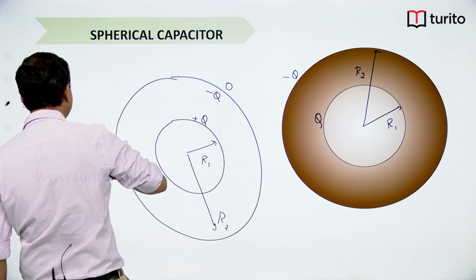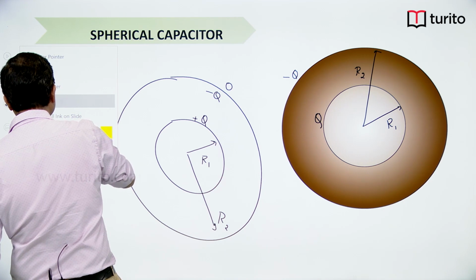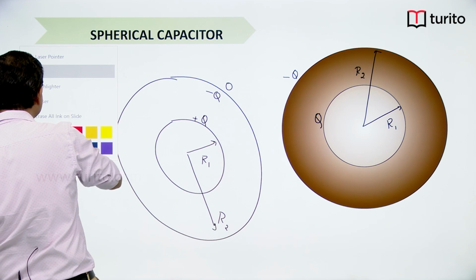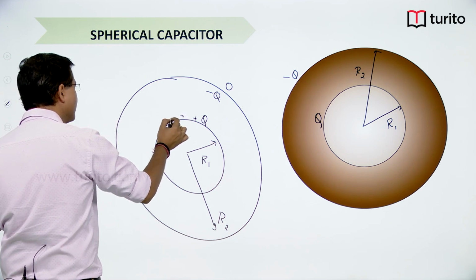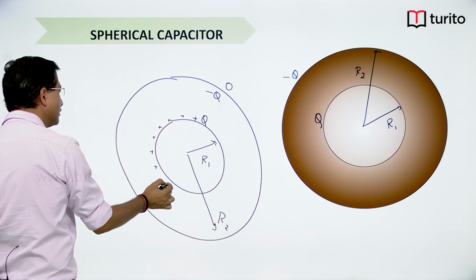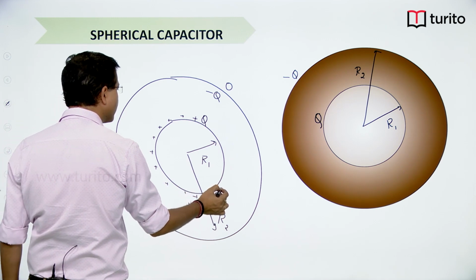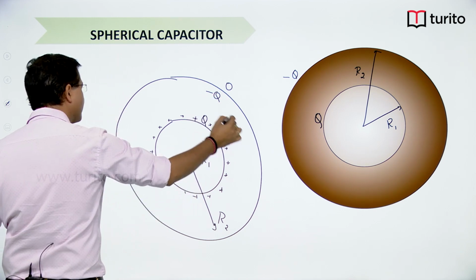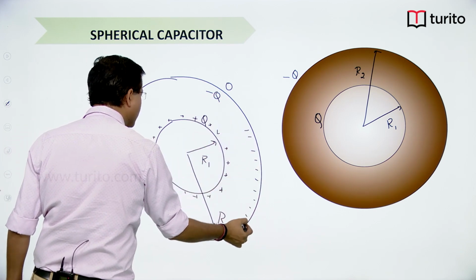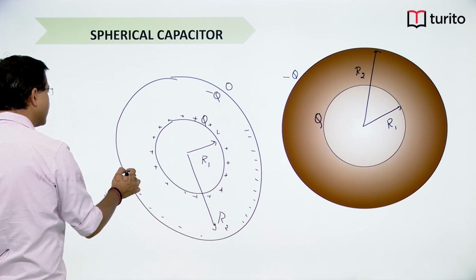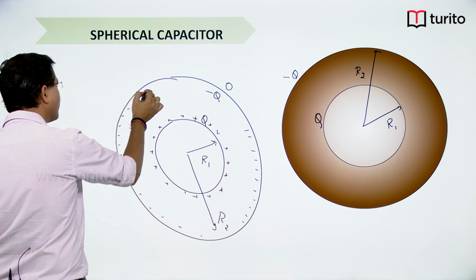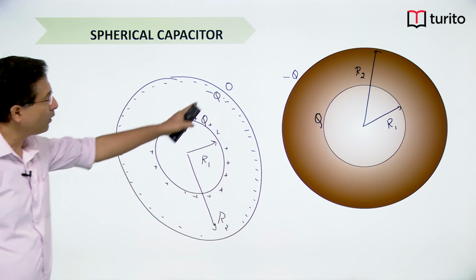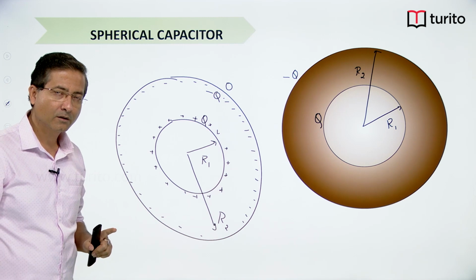Now, I will erase this one, and if you look at the way we have field in a space, let us first distribute the charge. So, this plus q will be distributed uniformly over inner one, and this minus q will also get uniformly distributed, but on the inner wall of outer one, right, and outer one will not have any charge.